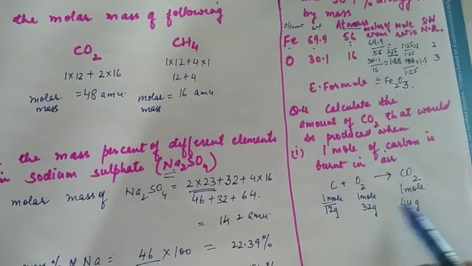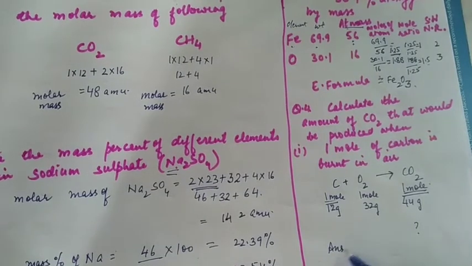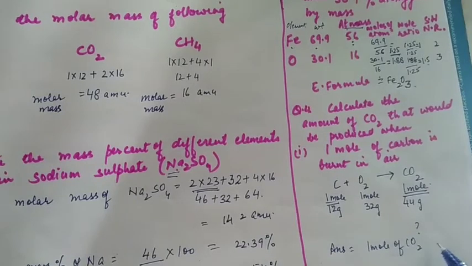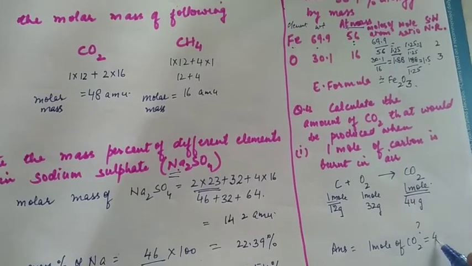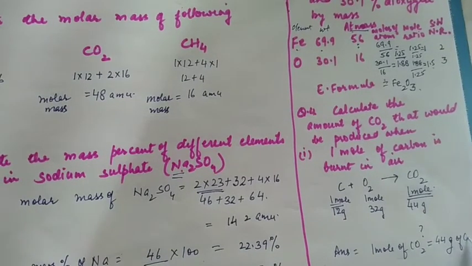So if 1 mole is burnt, 1 mole of carbon dioxide is produced. So the answer is 1 mole of carbon dioxide is produced. It is also equal to 44 grams of carbon dioxide.